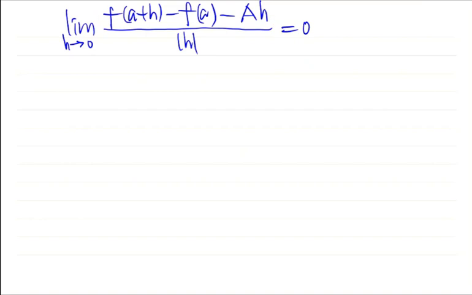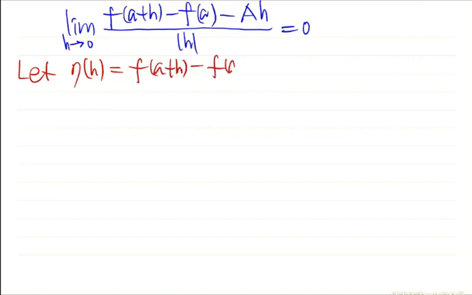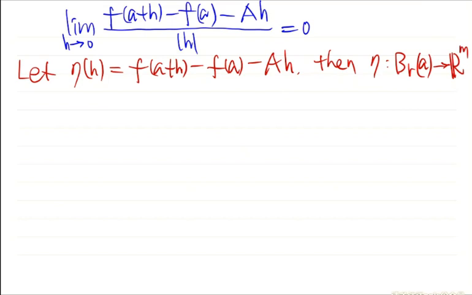The second remark: let eta of h be f(a+h) − f(a) − Ah. Then eta is also defined in the r-neighborhood of a and maps into R^m, because the right-hand side of the definition of eta consists of points in R^m. Therefore, eta is mapped into R^m.